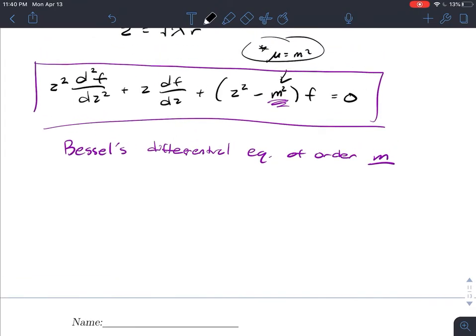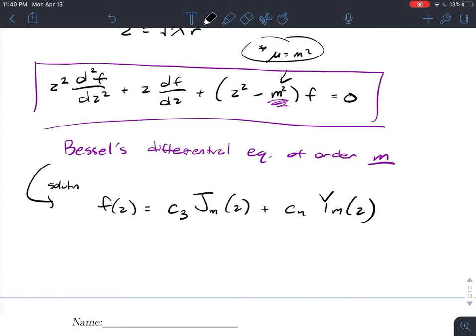So what I'm trying to say here is the solution to Bessel's differential equation is equal to c3 J_m(z) plus c4 Y_m(z), where this m is the same m from earlier, okay?